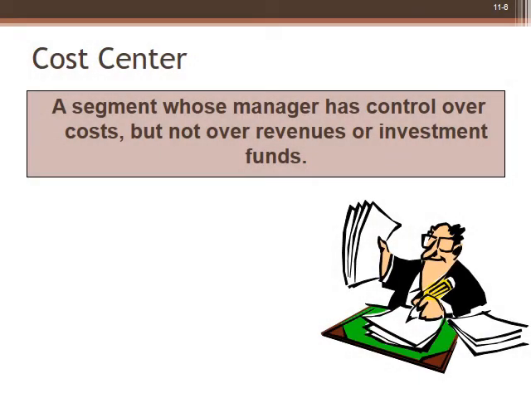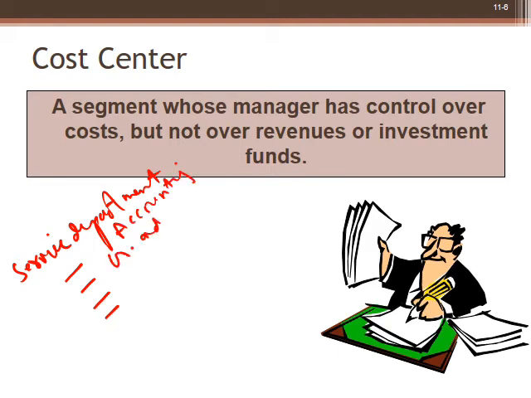So what is a cost center? In a cost center, the manager has control over the cost, but not over the revenues or investment. So here we have service departments, which just provide services and are not responsible for revenue or investment. Number one is accounting.